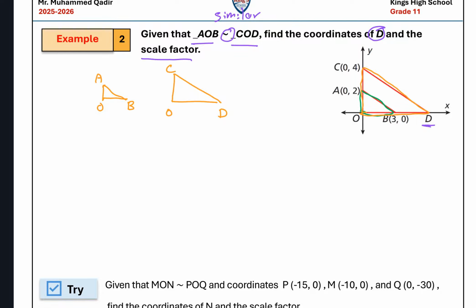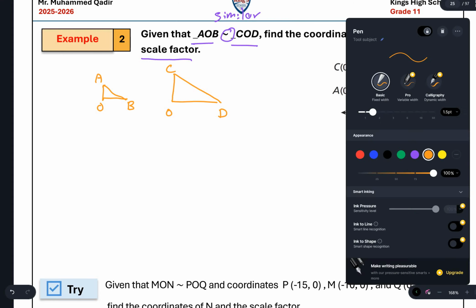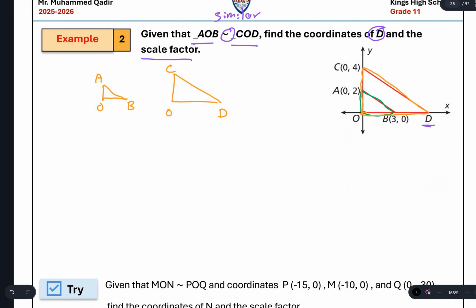The big triangle. Students, in order to find the coordinate of D, you need to use the ratio of corresponding sides. And how to do that? Pay attention. The given coordinates: O is 0, 0, point A is 0, 2, point C is 0, 4. You need to use the distance formula in order to find the length. To find the coordinate of D, I need to use the corresponding sides or the similar angle method.